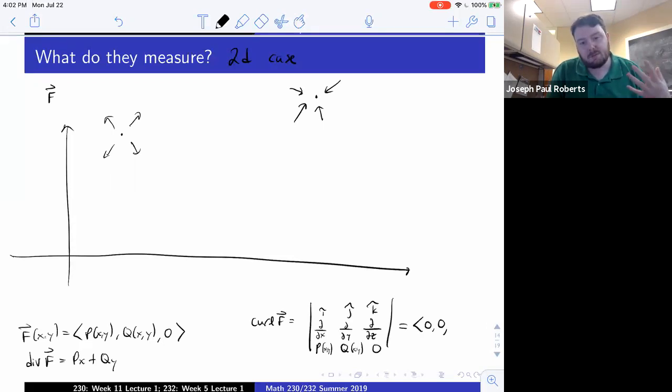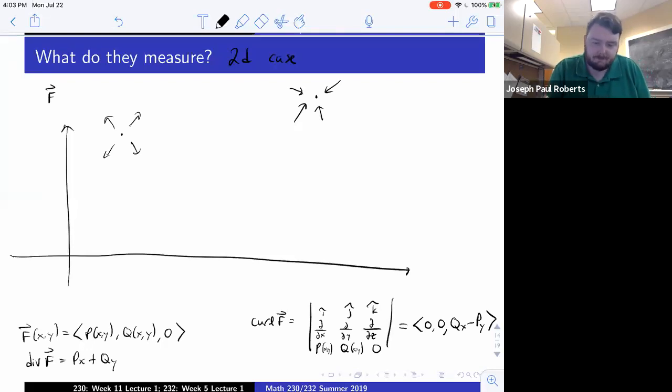And because for this 2D vector field, P and Q are only functions of x and y, you get a bunch of zeros here. So Qx minus Py, that thing that turned up not only in our conservative vector field test, but also our Green's theorem, ends up being the only possible non-zero component of the curl of a two-dimensional vector field.